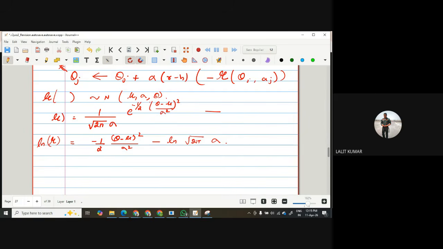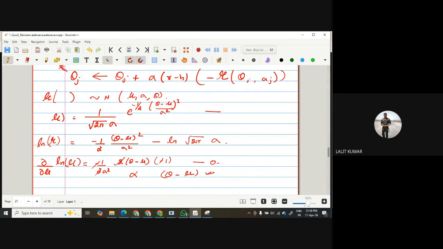Now for mu, I will take the derivative with respect to mu of this ln pi. The second term will be 0, and the first term will become minus 1 by 2 into 2 into theta minus mu and into minus 1. The 2 will cancel out, the minus 1 cancels out. So this is proportional to theta minus mu.